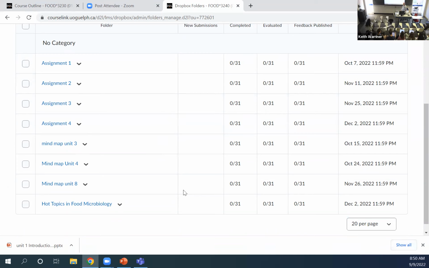Now, the big difference with 3240, apart from no lectures and no seminars, is the hot topic. This is a term paper, about 1,500 words, where you pick a subject in microbiology. It could be the romaine lettuce outbreaks going on at the moment, or it could be listeria and cheese.